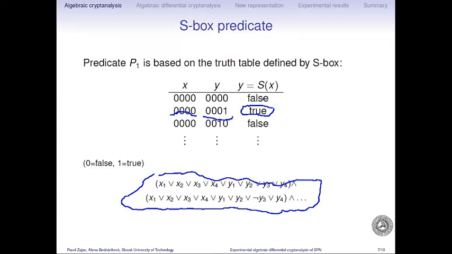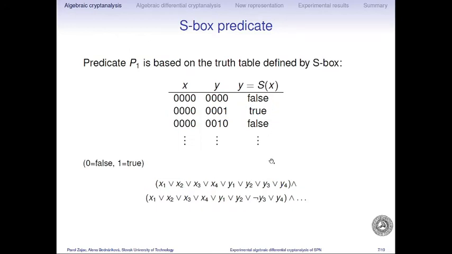So these false points represent clauses, but essentially this will get simplified by merging some of these clauses together. And then we feed the whole system into a SAT solver, and the SAT solver will find a solution with some key values, which we then read true as 1 and false as 0.